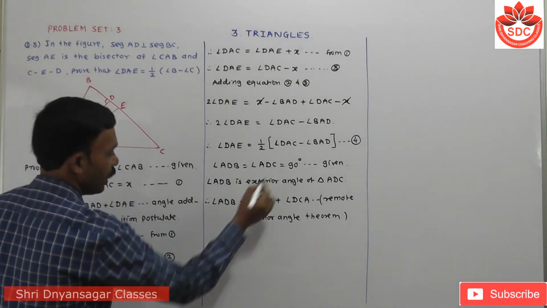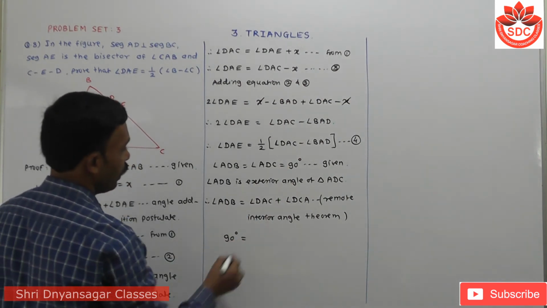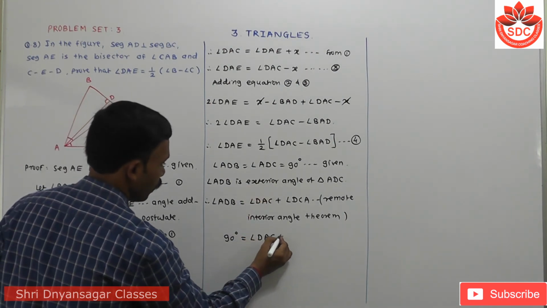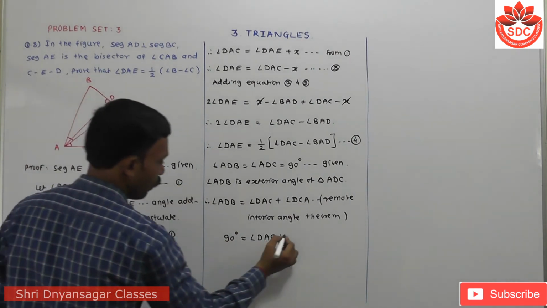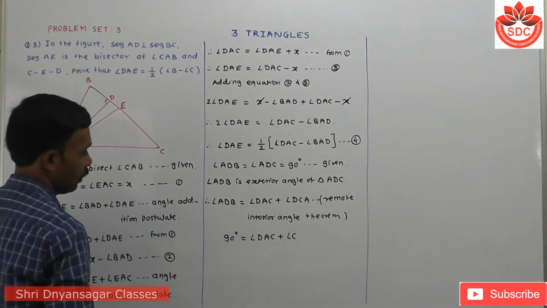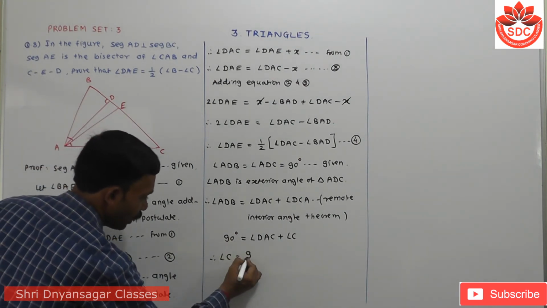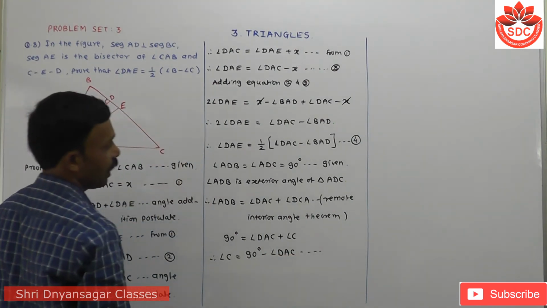This angle ADB is 90 degree, so that 90 degree is equals to angle DAC as it is plus angle DCA. I have to take only one vertex angle C here. Then I have to write the angle C is equals to 90 degree minus angle DAC. Suppose that this is equation 5.